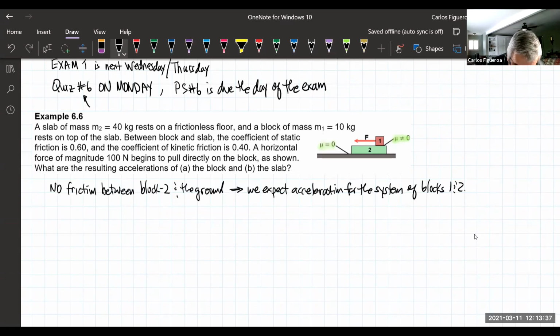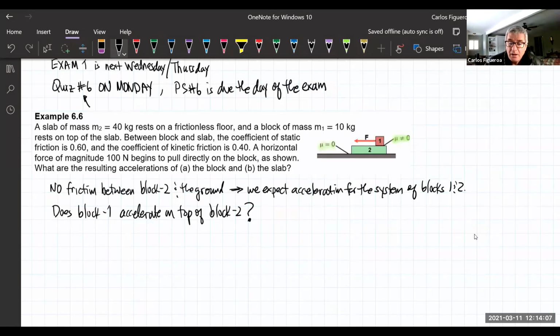But the question is this: does block 1 accelerate on top of block 2?